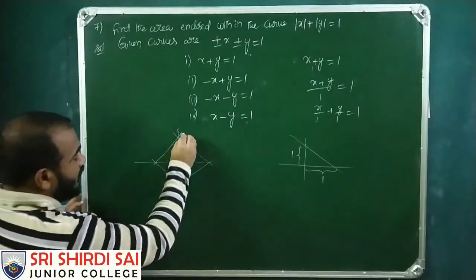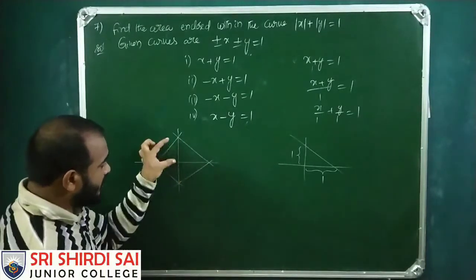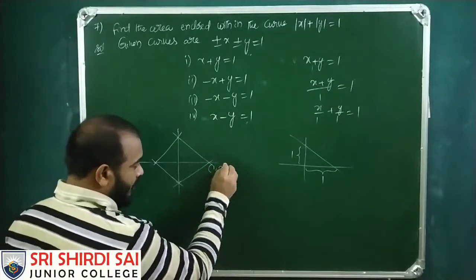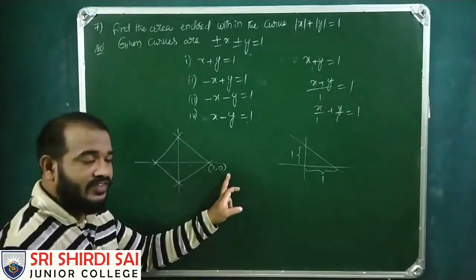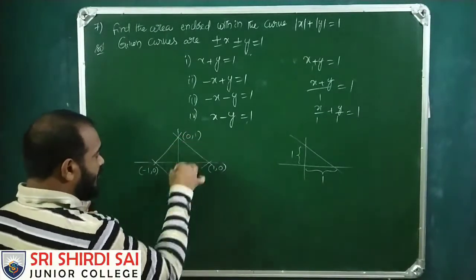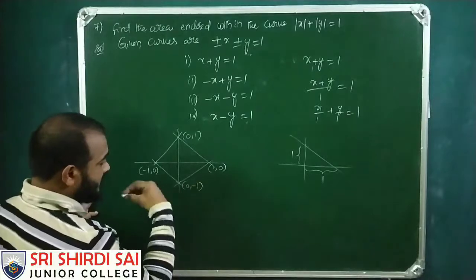So this is 1 and this is 1. This is positive 1 comma 0, on the x-axis the y coordinate is 0. This is minus 1 comma 0. This is 0 comma 1. This is 0 comma minus 1.